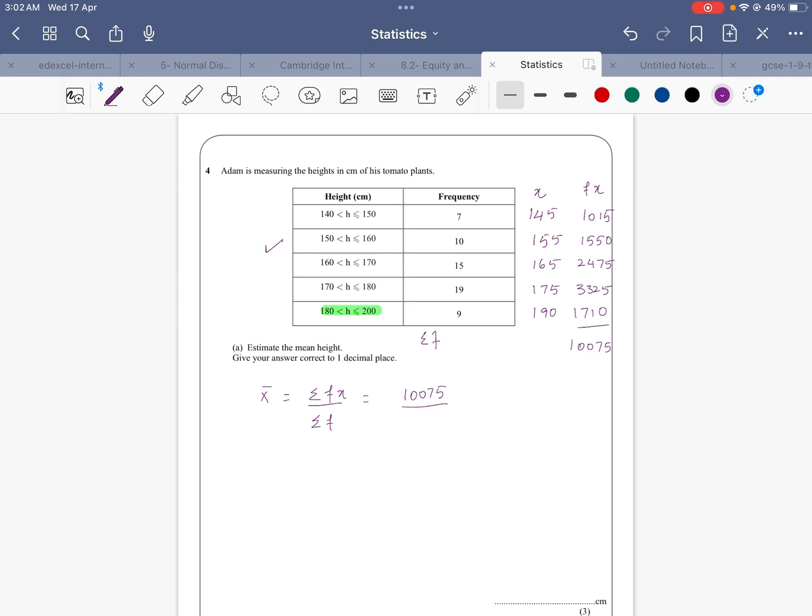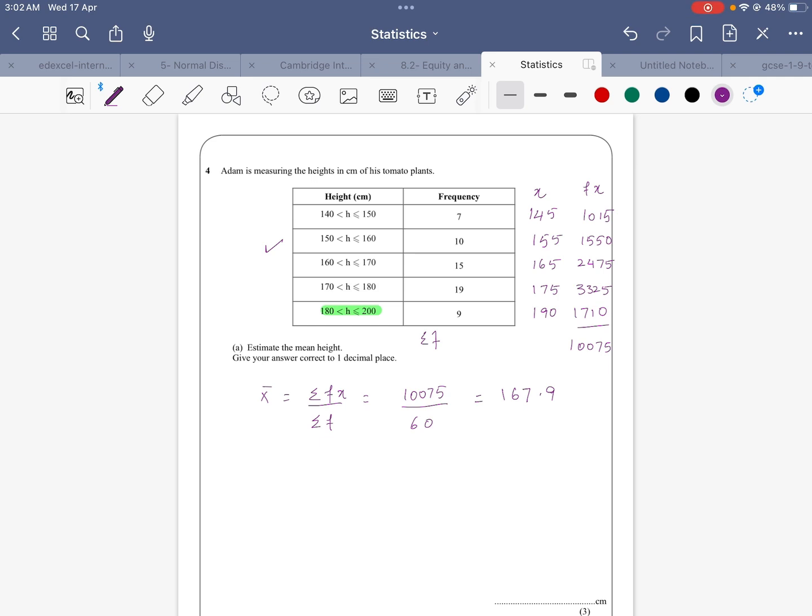Okay, let's calculate the total frequency. 7 plus 10 plus 15 plus 19 plus 9 gives you 60. So you divide both of them. Answer is 167.9. This is the answer, and this is how you calculate the mean of grouped data.